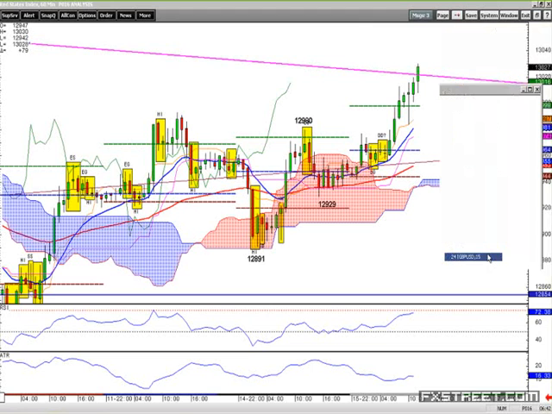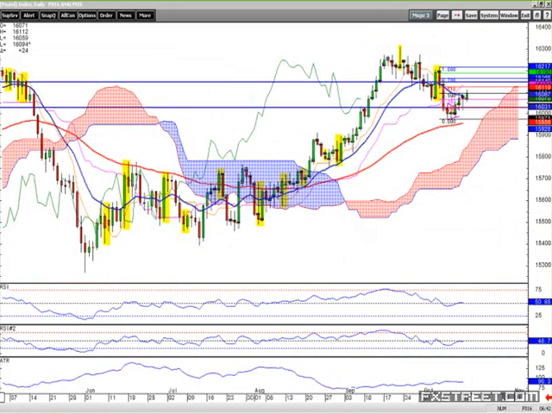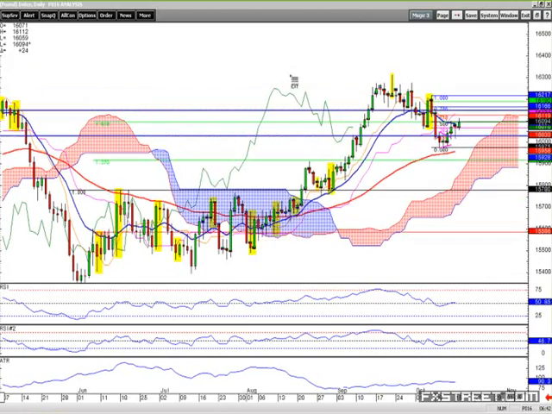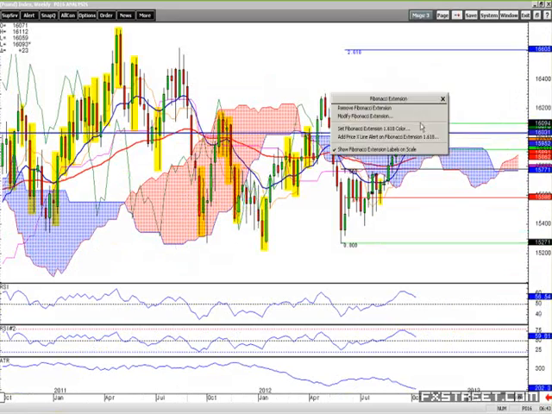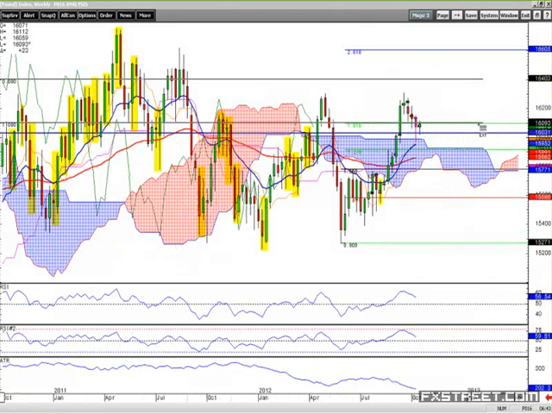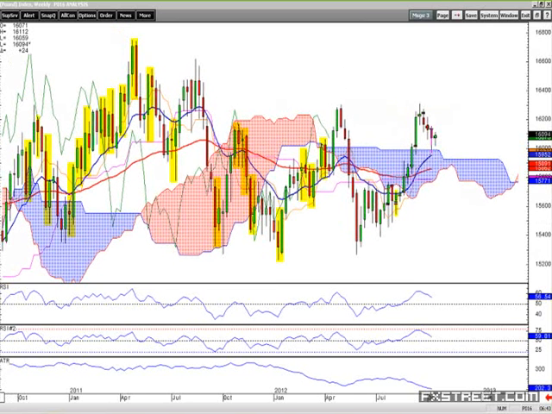Cable. Decent move higher. Didn't get to 261.8%. Just take these off for a sec. Trend line.